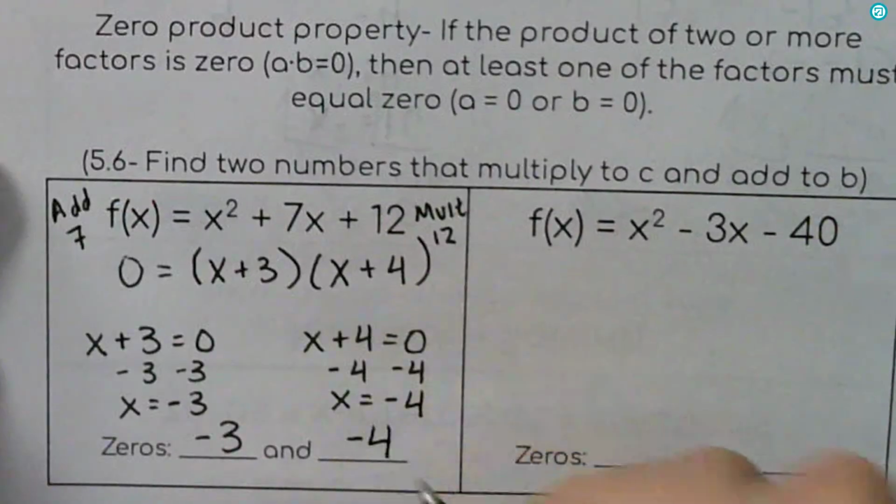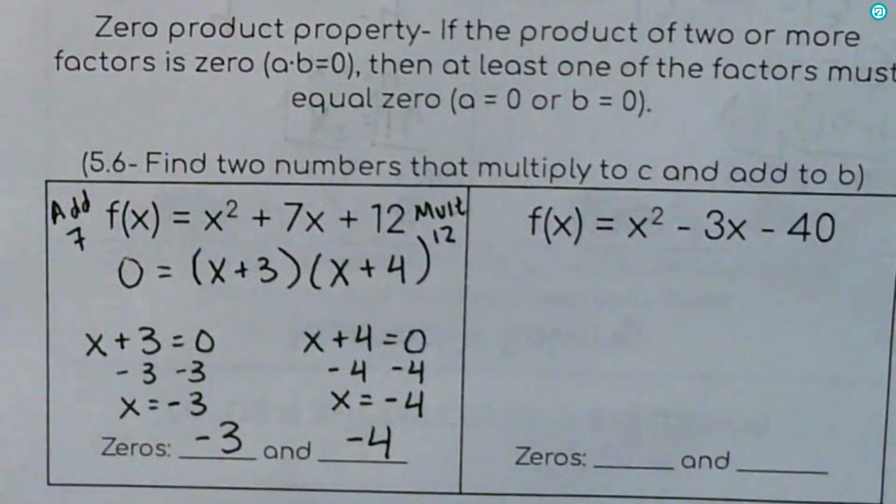And that's my other 0. Okay. Any questions about either the factoring or the setting each factor equal to 0 part? Okay, we're going to do one more like that then.